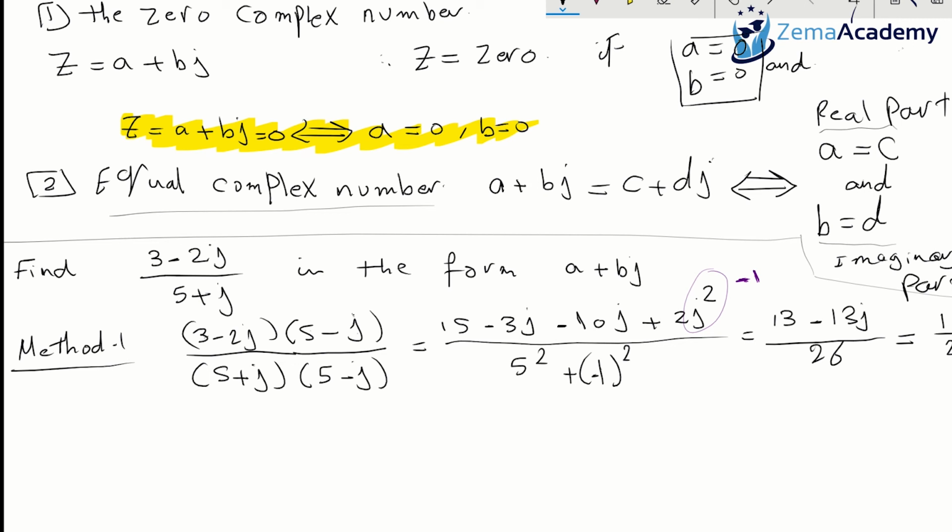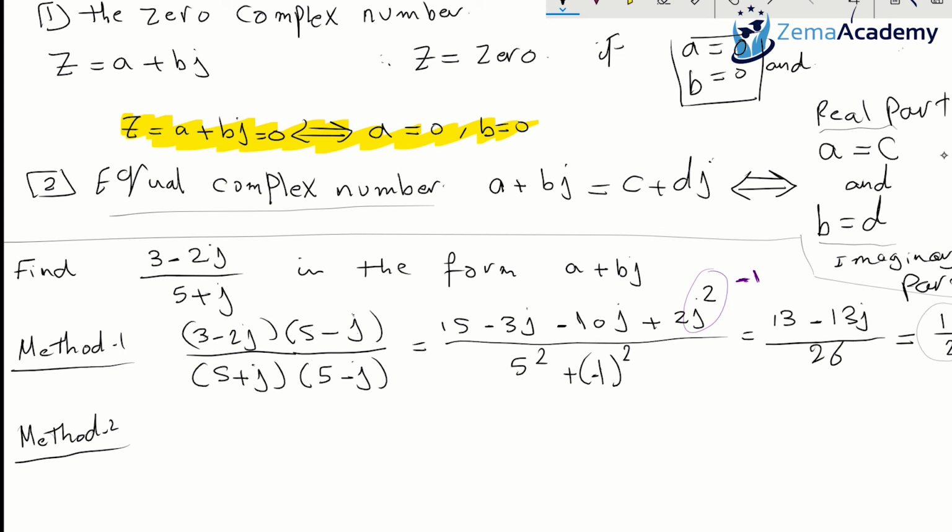Correct? That's the way we have done it before and it's straightforward, correct? Or there is another method. So what we said, first of all, at the end we write it in the form a plus bj, yeah?